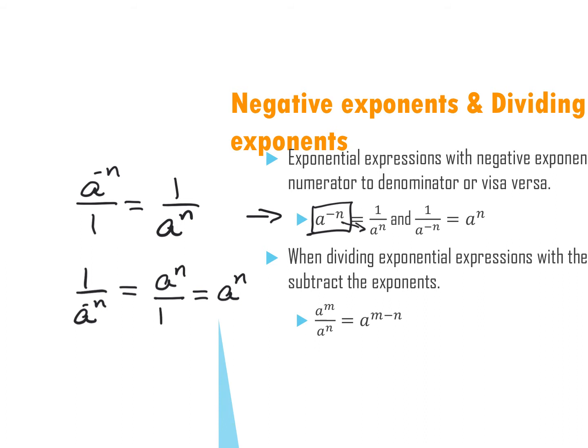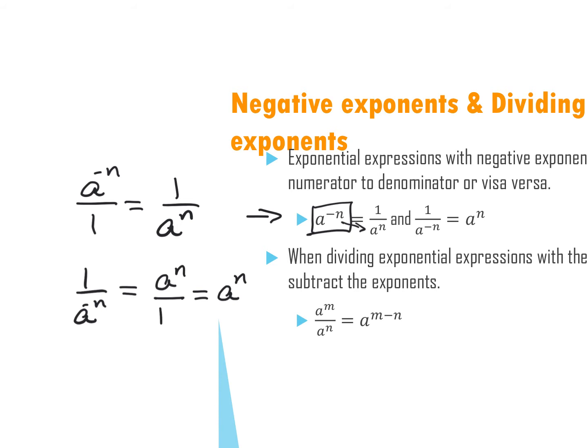When we divide exponential expressions, if the base is the same, we're going to take the exponents and subtract them. So in P.2a, we talked about multiplying exponents with the same base, and we added them. Now for division, we subtract.